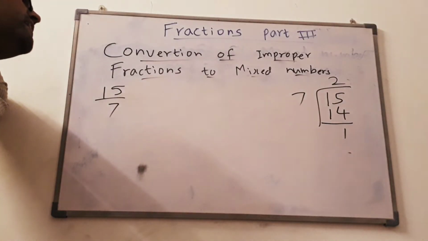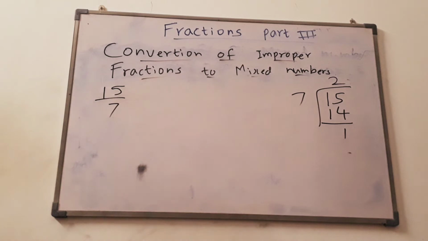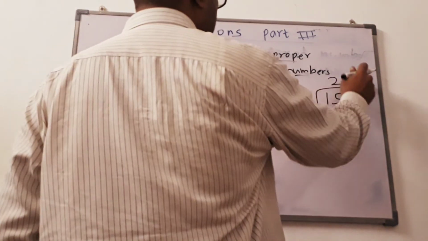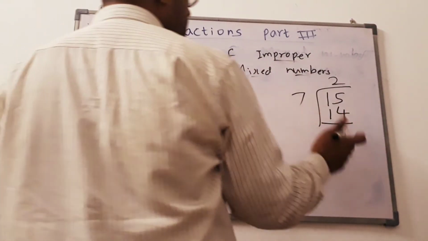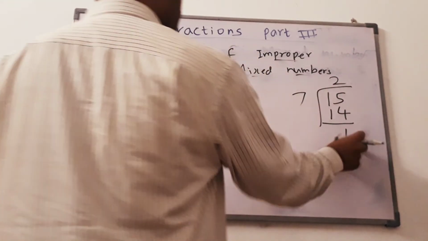So we have to find the multiple of 7 which is less than 15. 14 is that multiple. So we find how many 7s are there in 14, which is 2. 7 times 2 is 14. 15 minus 14 is 1.